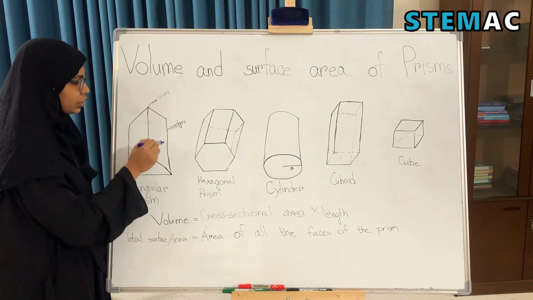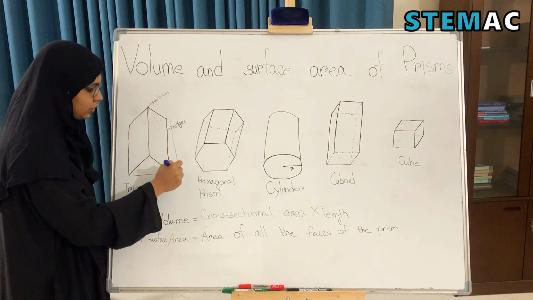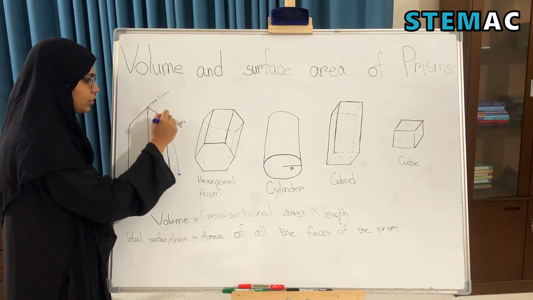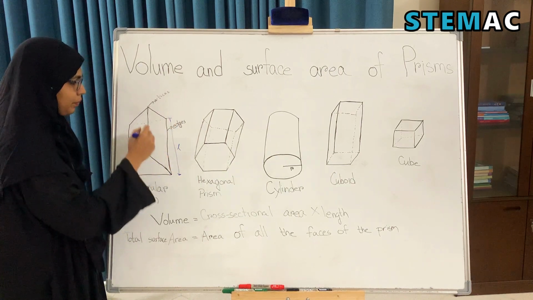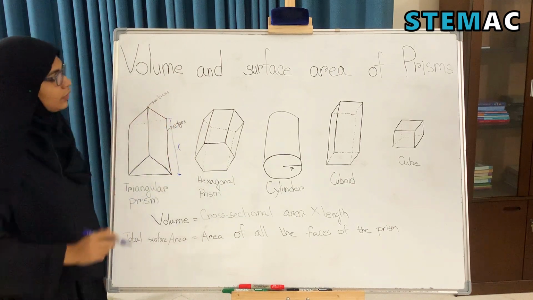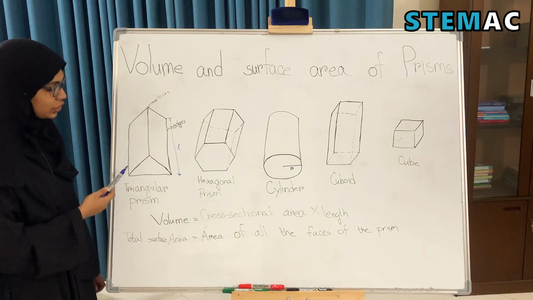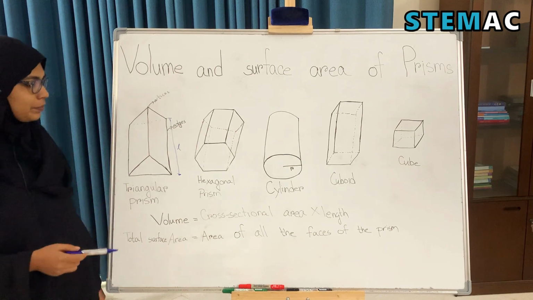This cross-sectional area is the same throughout its length, and that is why it's called a prism.